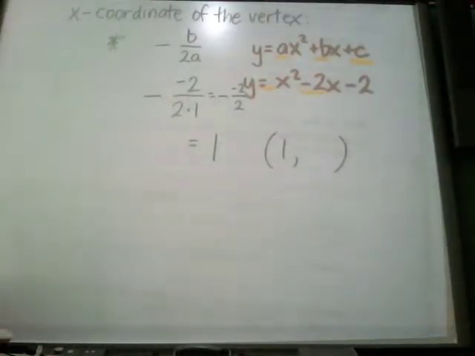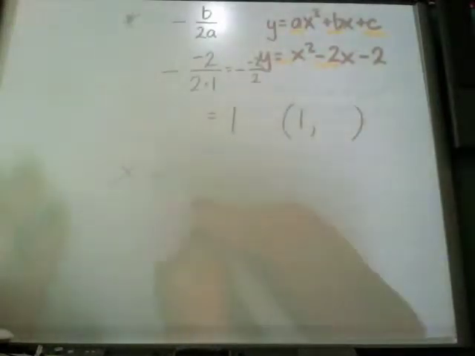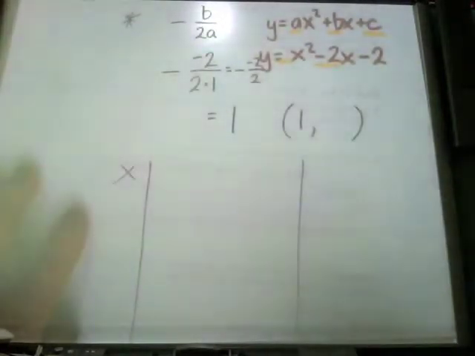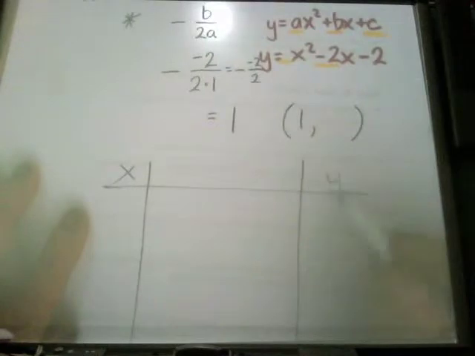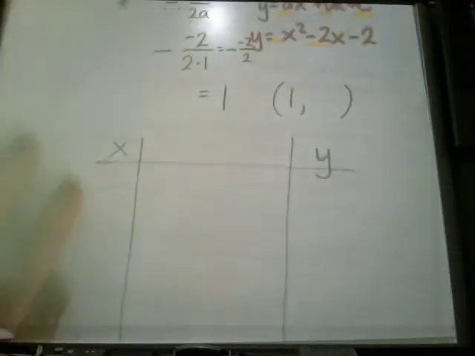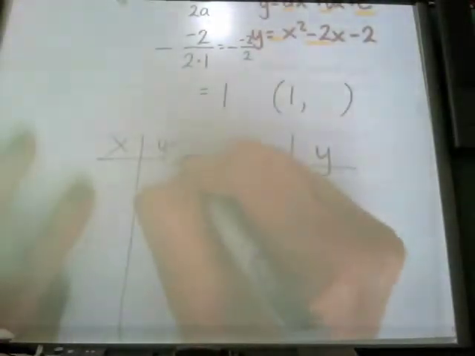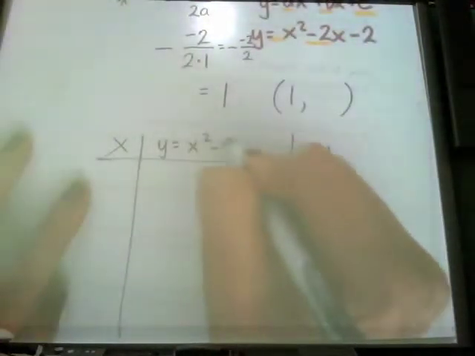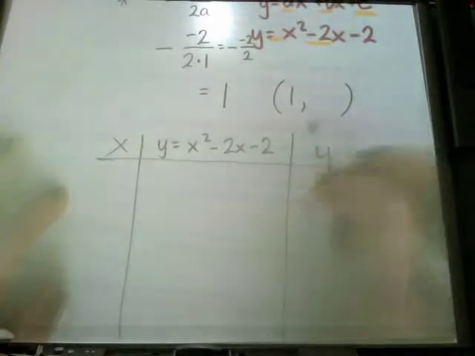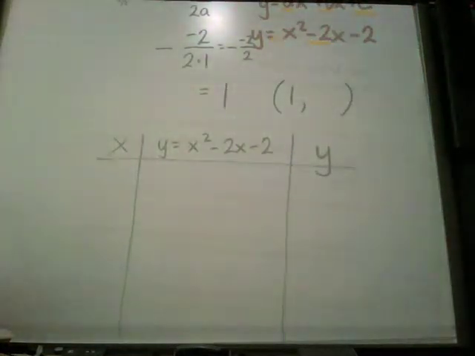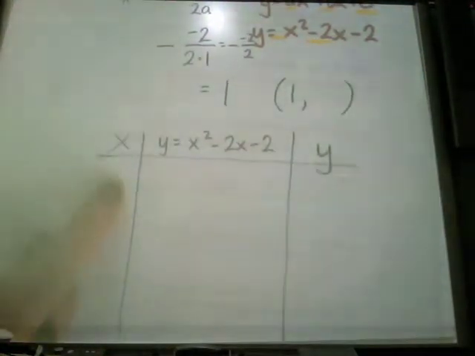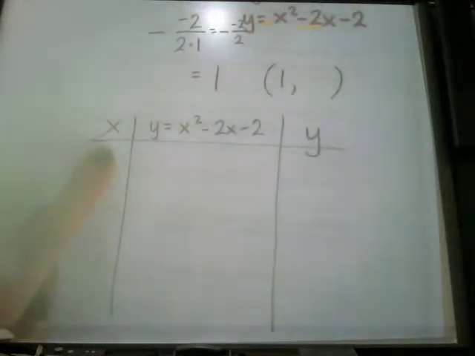Let's think about what we did with plain old linear equations. We plugged in an x value and got out a y value. Now my black pen's running out, so I'm going to switch. What x value do we want to start with? We want to start with the vertex.